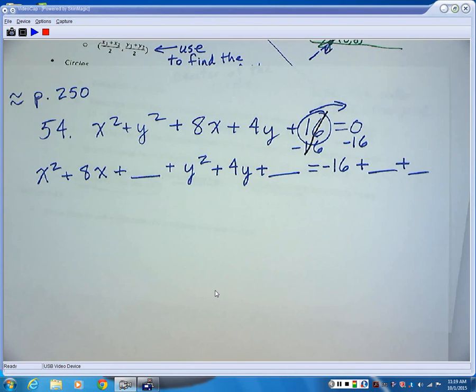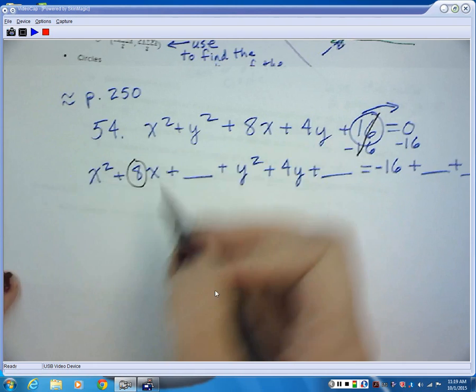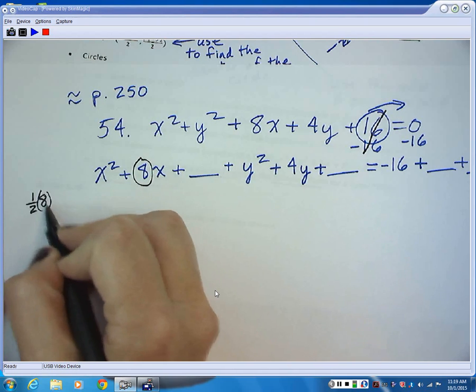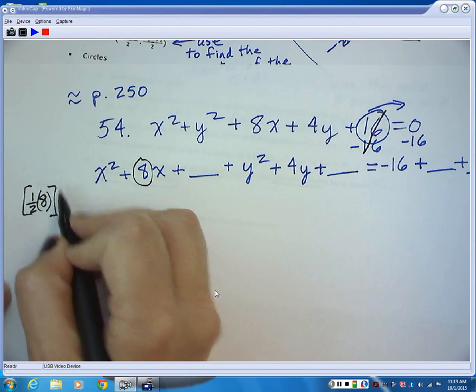All right, and then you guys remember this? How do you find the perfect thing to add to the x squared plus 8x to make it a perfect square? Half the middle. You take half of 8 and square it.